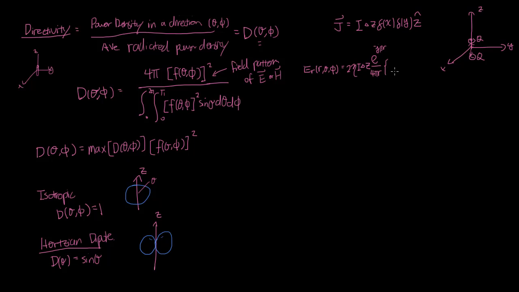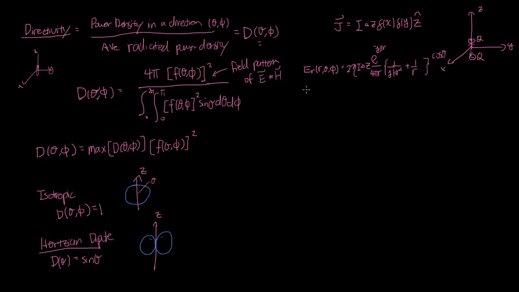And then you're going to have a few terms here: 1 over jk r squared, so something that's a function of 1 over r squared, plus 1 over r. And then cosine theta.